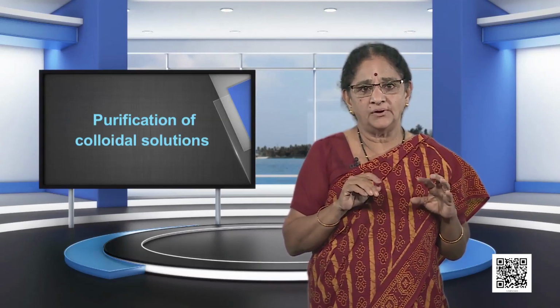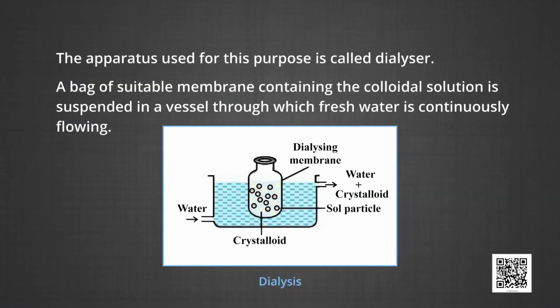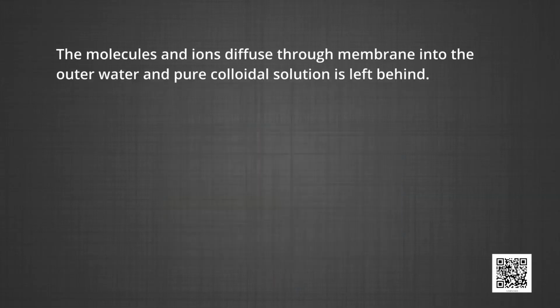The apparatus used for this purpose is called a dialyzer. A bag of suitable membrane containing the colloidal solution is suspended in a vessel through which fresh water is continuously flowing, as clearly shown in the figure. The molecules and the ions diffuse through the membrane into the water and pure colloidal solution is left behind.